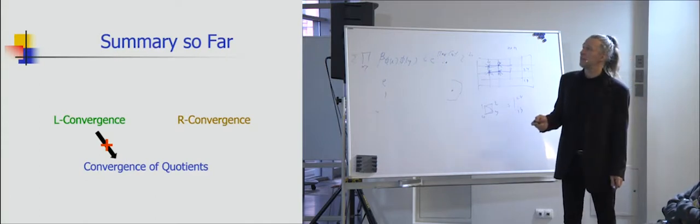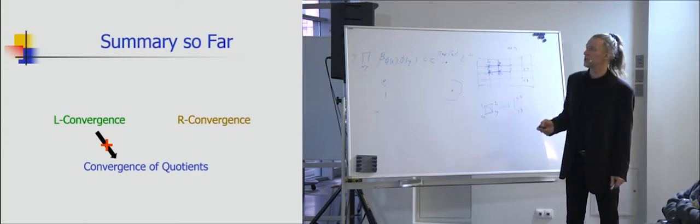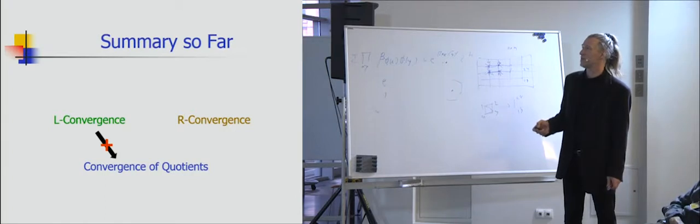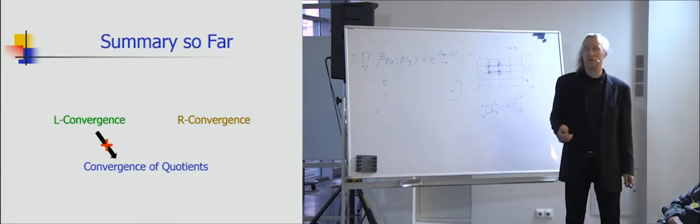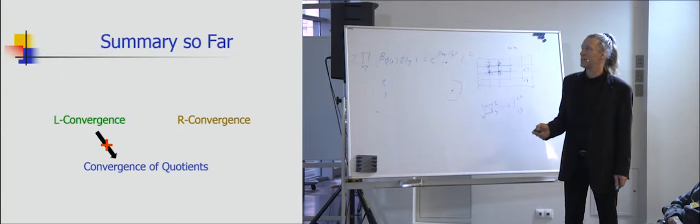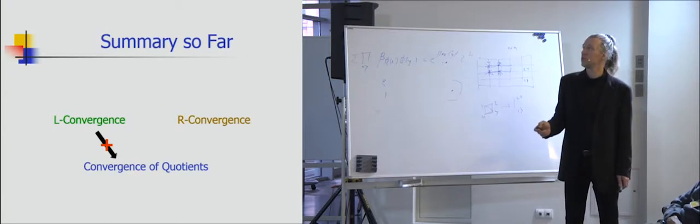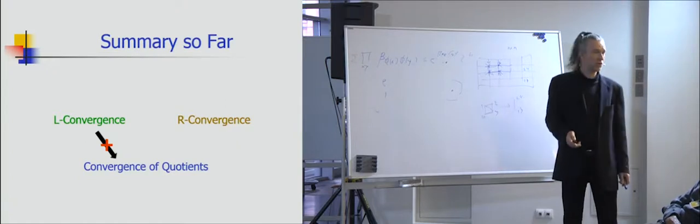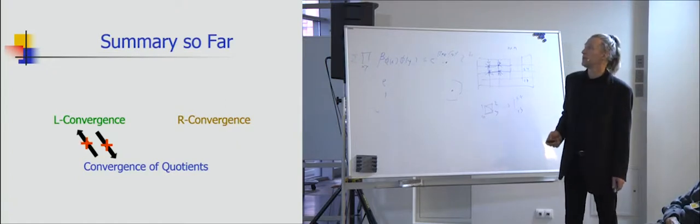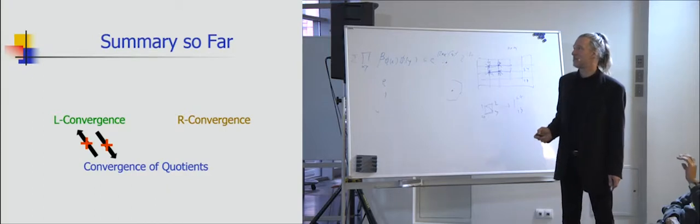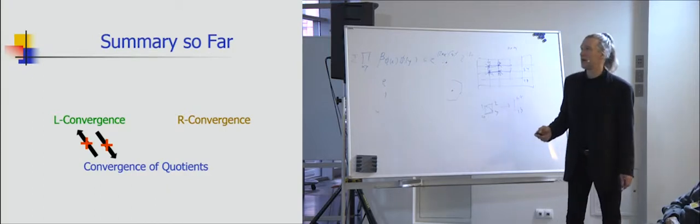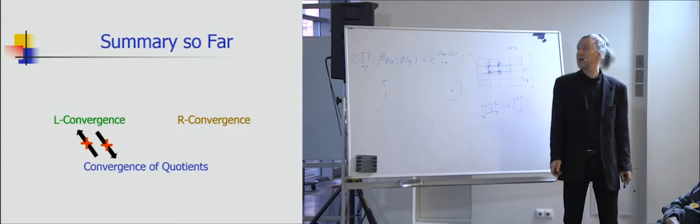Left convergence didn't imply convergence of quotients, because left convergence is very local and the quotients are global, and you can't conclude from the convergence of these local properties that these global quotients converge. It turned out, however, that from these global quantities you can't conclude the local quantities either.